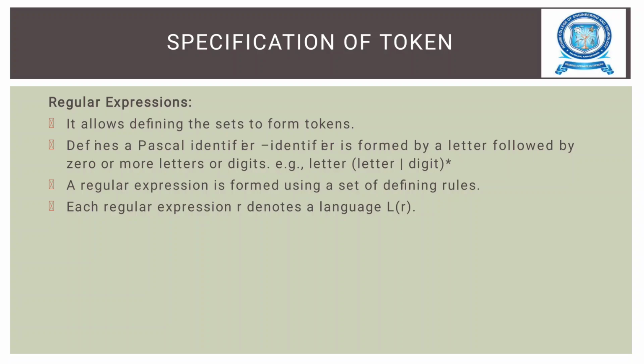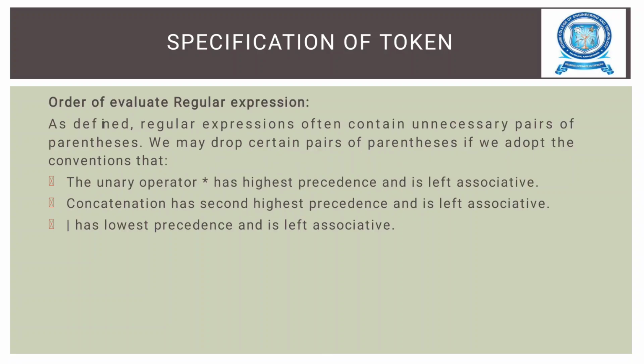Normally identifiers may be a single character or more than one character, but must start with a character, not a digit. It may be one or more, which is indicated by the star, 0 or more. Then the language for the regular expression is denoted by L of R.